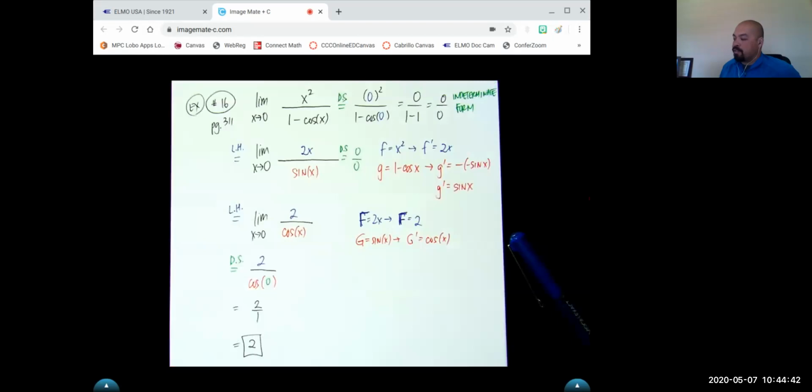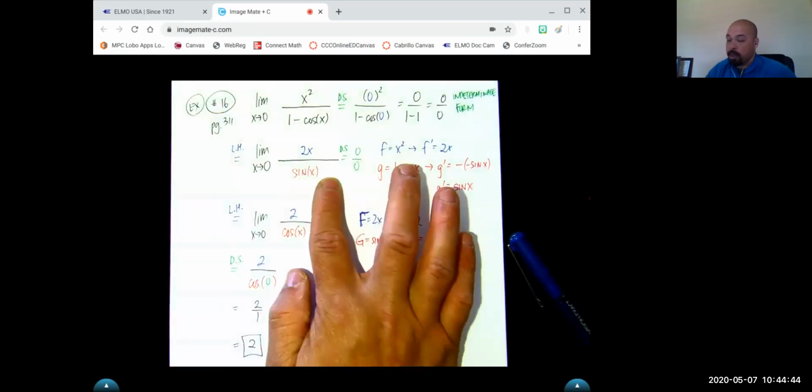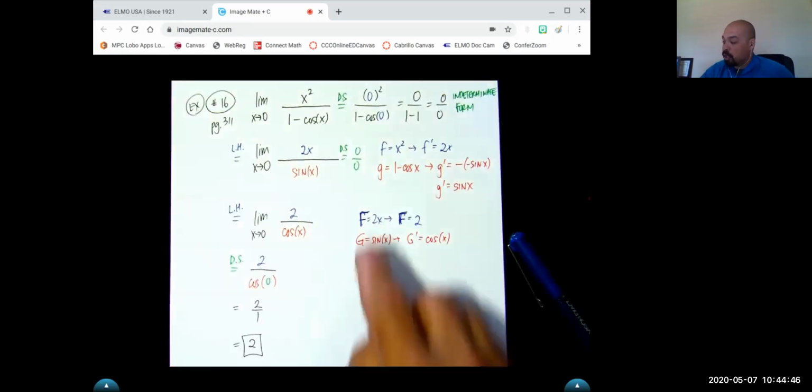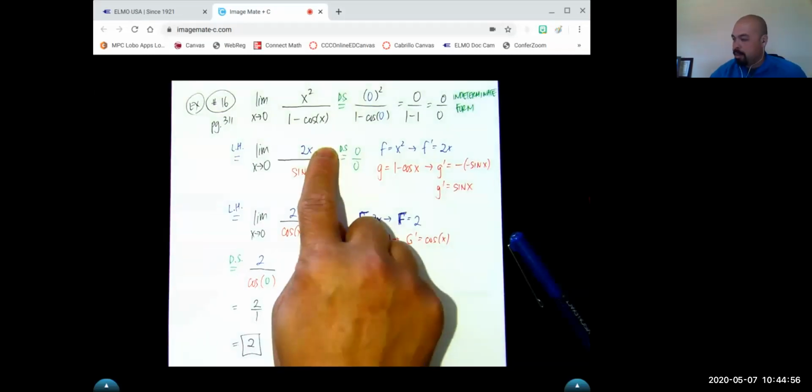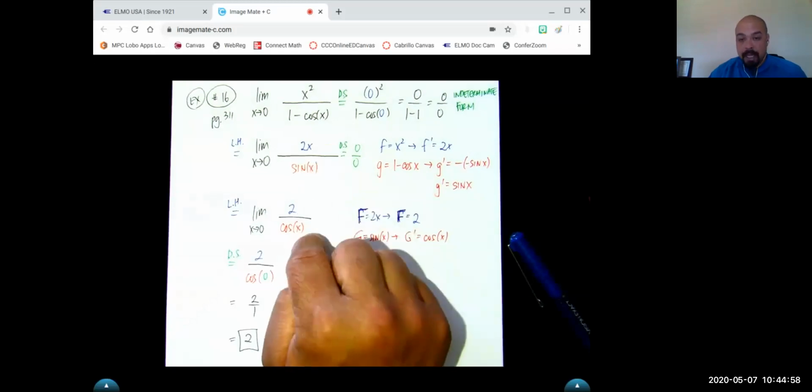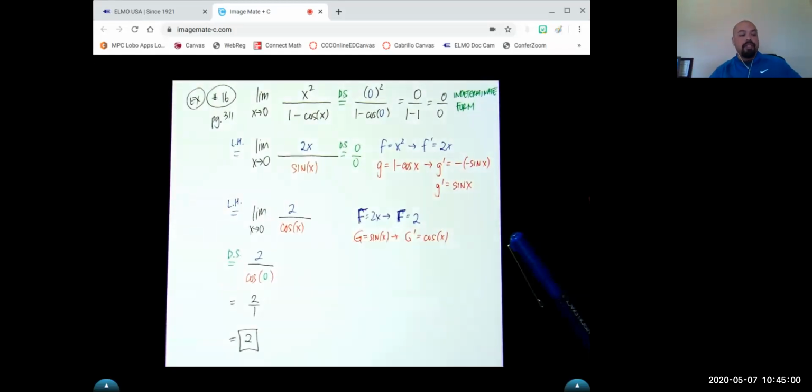So again, we saw in the first example where we need to do L'Hopital's rule multiple times. As long as you're getting 0 over 0 or infinity over infinity, we can use L'Hopital's rule, taking the derivative of the numerator and derivative of the denominator separately, and comparing the ratio of those expressions.